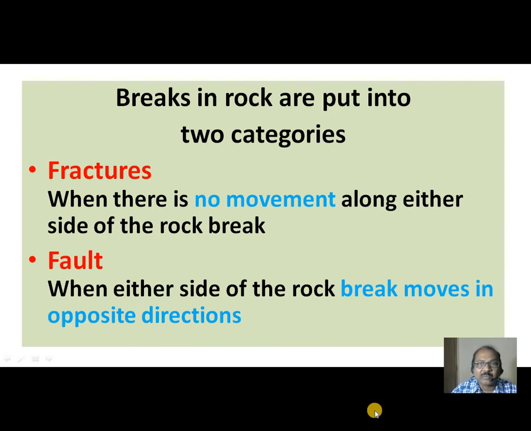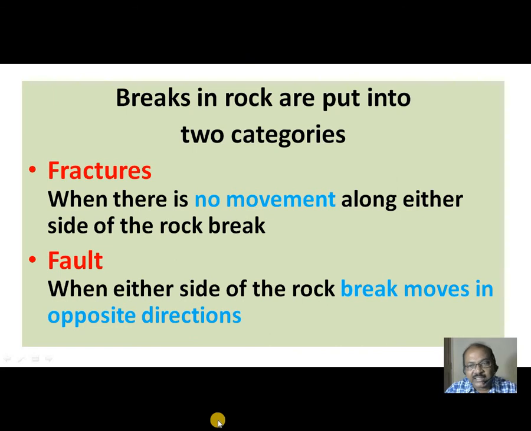Usually some breaks are observed in the rock and these breaks can be categorized into two types. One is fractures, the other one is fault. What is the difference between fractures and fault? If there is no movement along either side of the rock break, it is called a fracture. That means there is no movement at all on either side of the break in a rock.